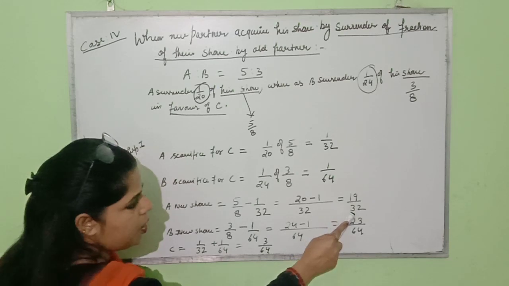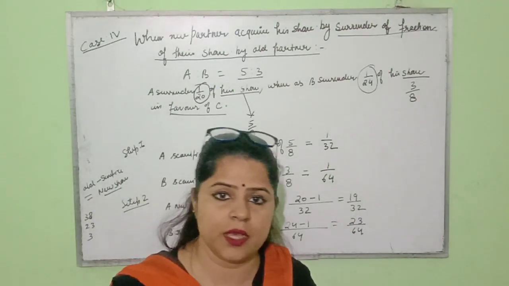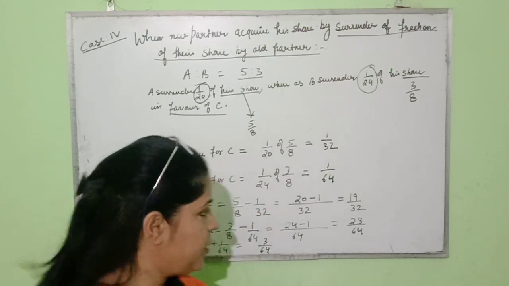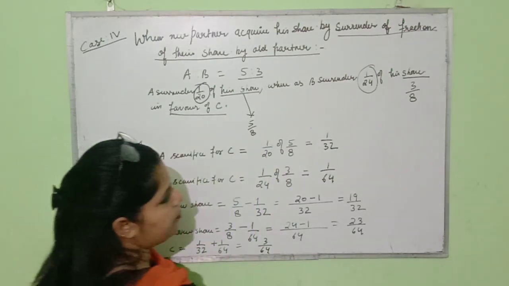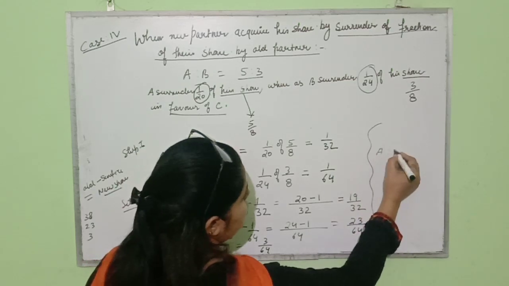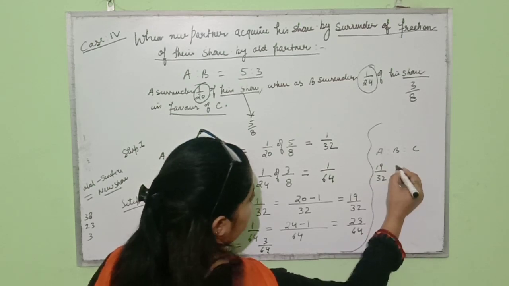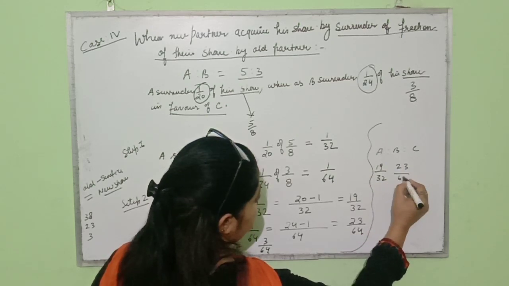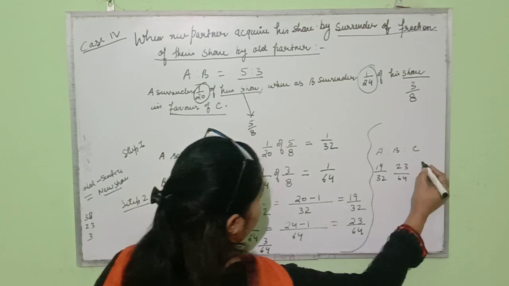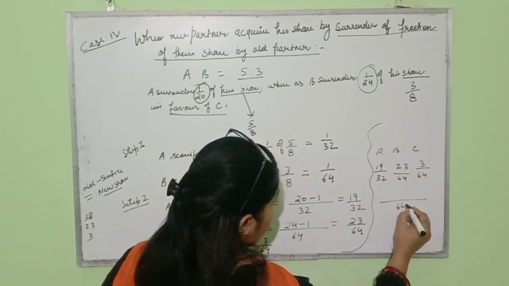But you can see all the denominators are not the same. So what we'll do again, we will calculate the LCM. Now A is to B is to C, 19/32, 23/64, and this is 3/64. 64 हो गया हमारा LCM.